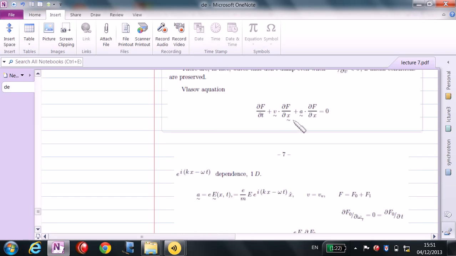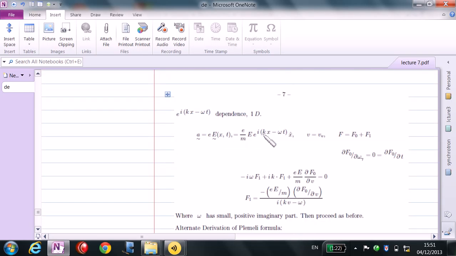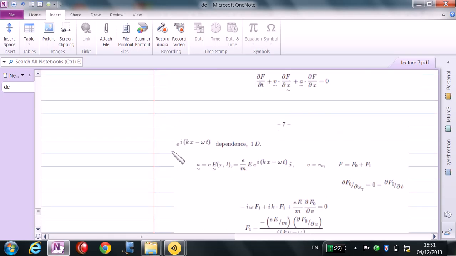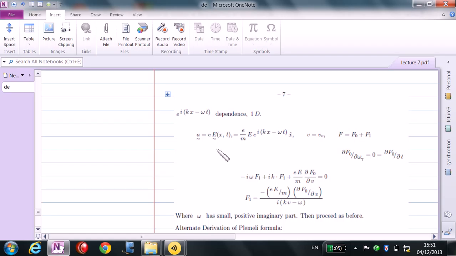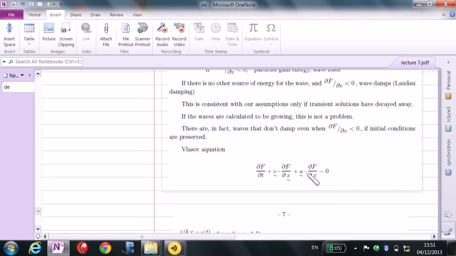But here it is. This is the Vlasov equation. And if I assume e to the i(kx minus omega t) dependence in one dimension, then this is the acceleration, and it should be df dv, right?